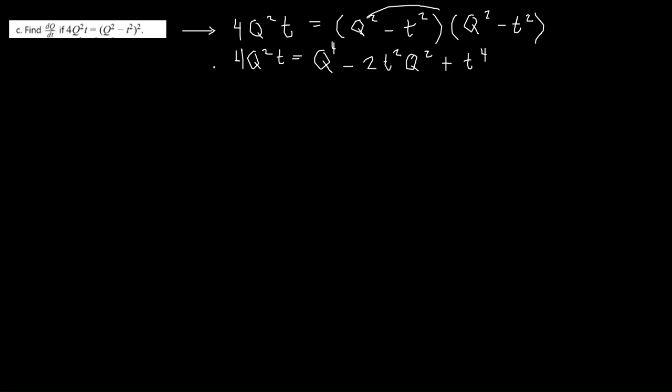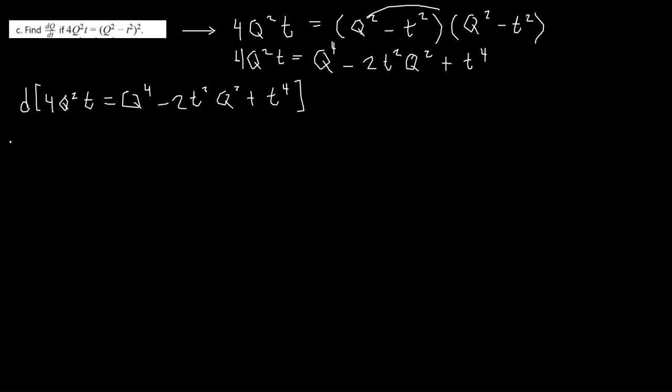Now that we have this, we will differentiate it, equals q to the power of 4 minus 2 t squared q squared plus t to the power of 4, and let us put d here. We're going to find the derivative in terms of dt, so we'll just use d because t is already given in the equation.